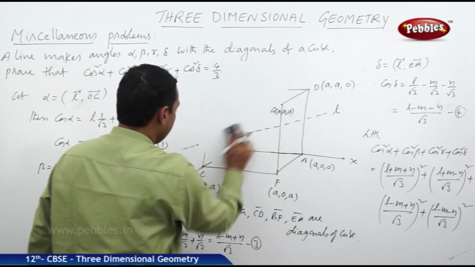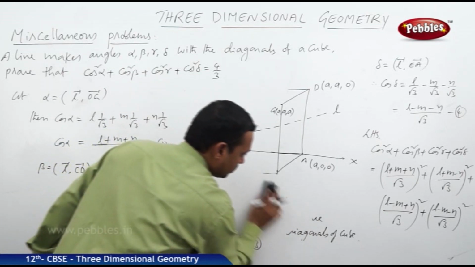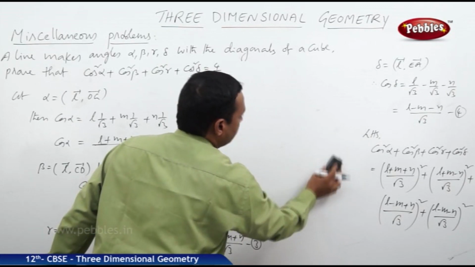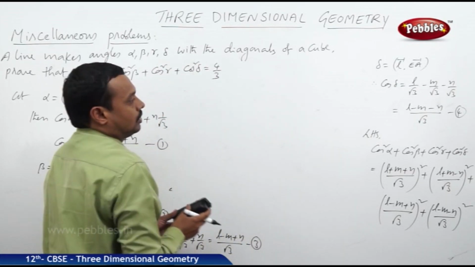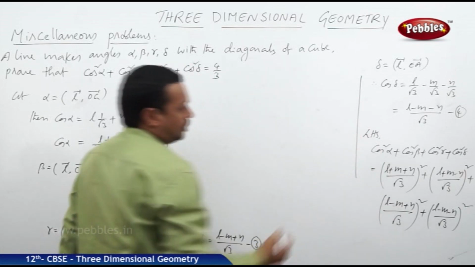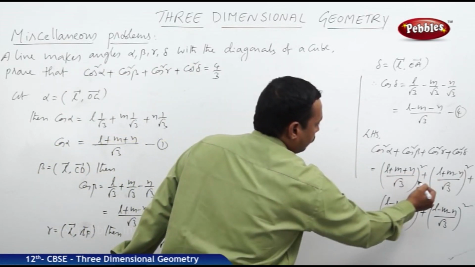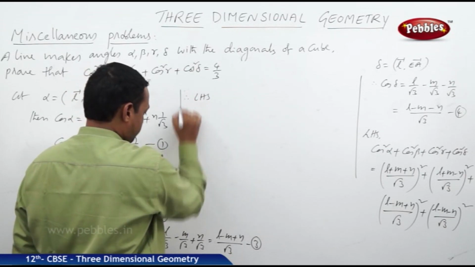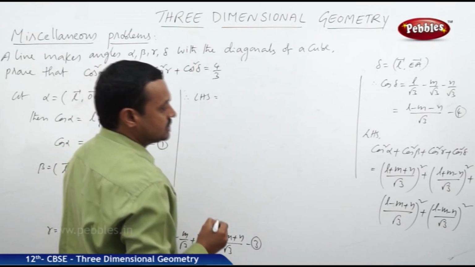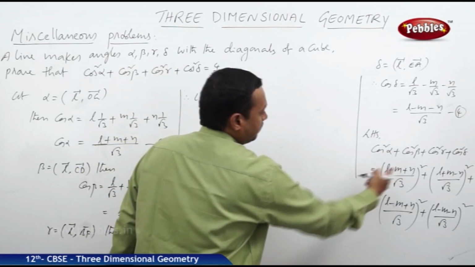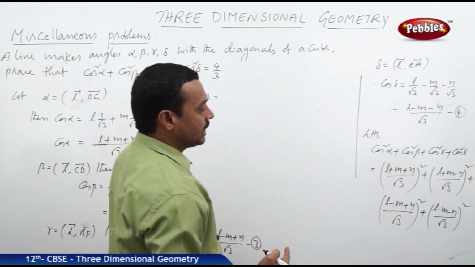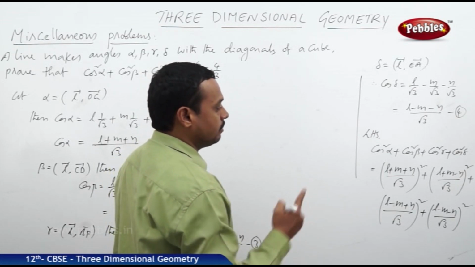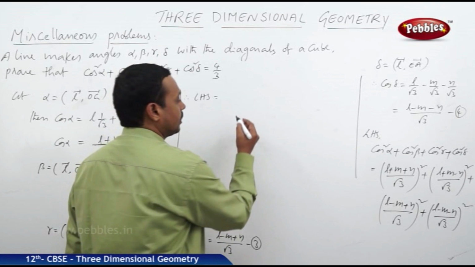So I will continue here. Here the graph is not necessary. Now, after this simplification, the LHS is l plus m plus n whole square plus l plus m minus n whole square plus l minus m plus n whole square plus l minus m minus n whole square, by root 3 whole square.